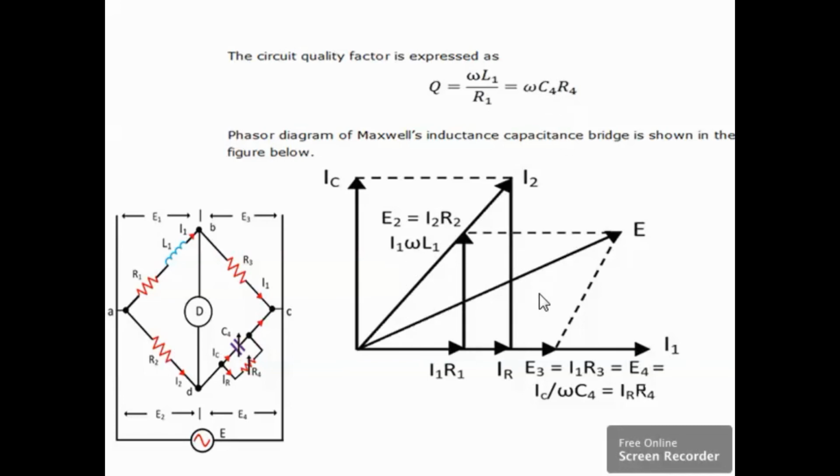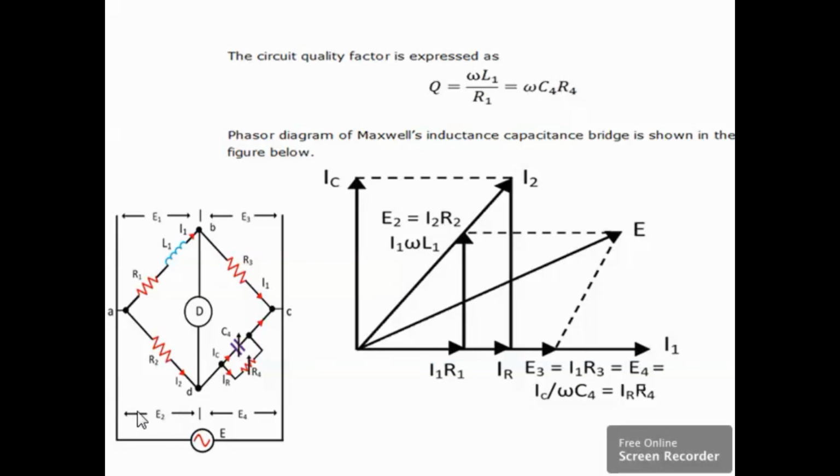And here you can see the phasor diagram representation of Maxwell's inductance capacitance bridge. I1 is our reference. So I1 R1 is here. It is in phase with this I1 R1. I1 R1 plus I1 omega L1 is E1 because these are connected in series. So E1 must be equal to E2.